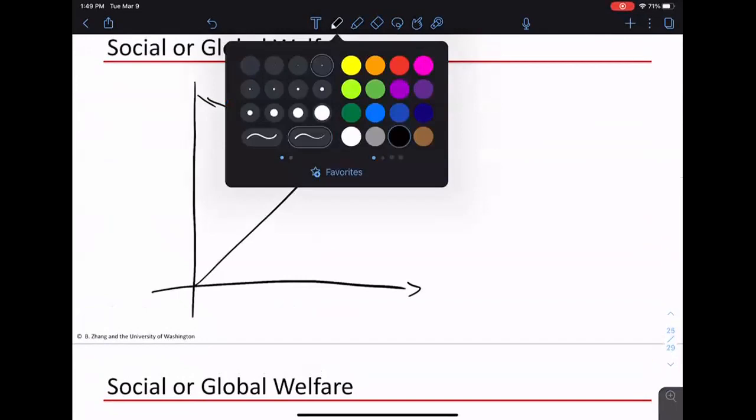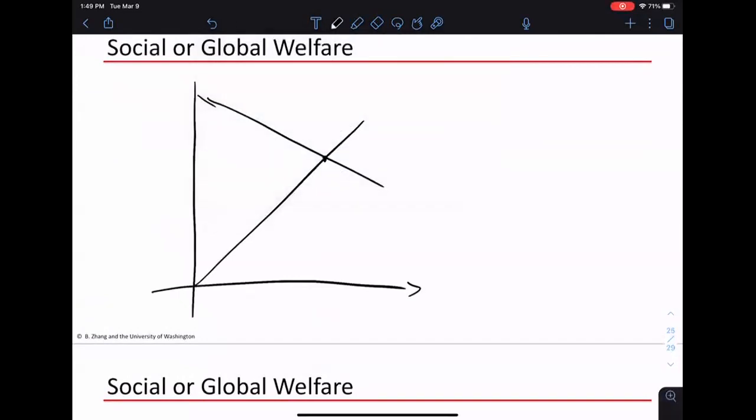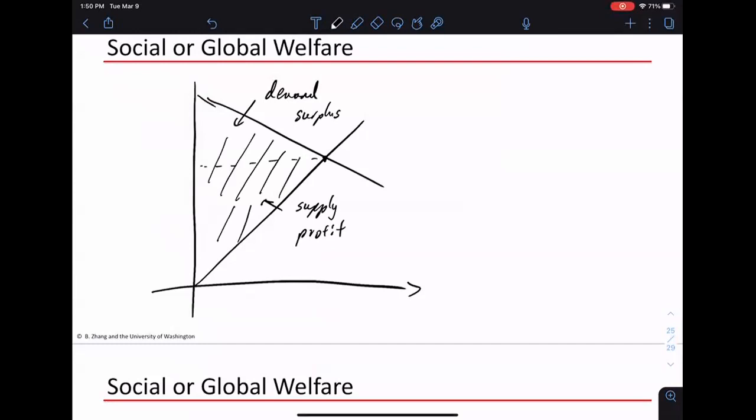If you divide this region up, on top is the demand surplus, defined as the difference between the area under the curve and the total payment. This is the supply profit. Together, this is the total social welfare.